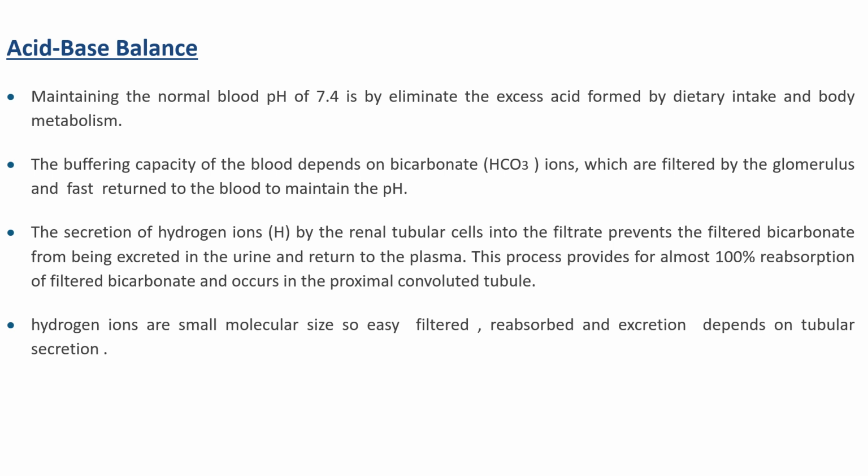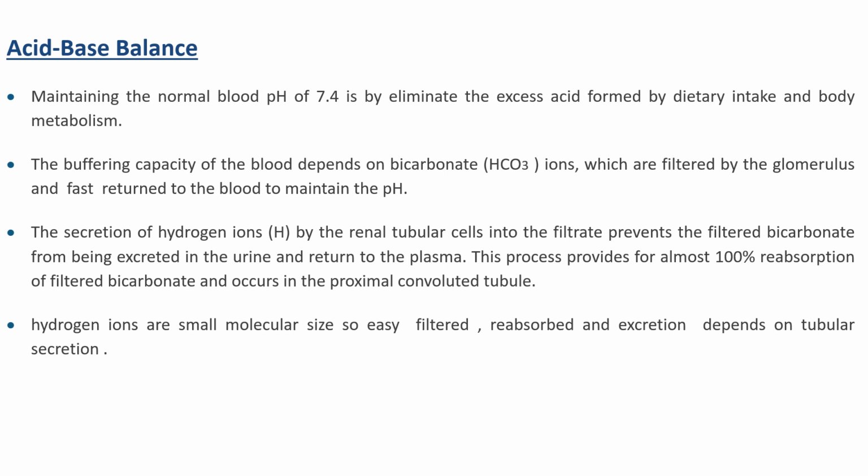Acid-base balance. The normal blood pH of 7.4 is maintained by eliminating the excess acid formed by dietary intake or body metabolism. The buffering capacity of the blood depends on bicarbonate ions, which are filtered by the glomerulus and quickly returned to the blood to maintain pH.